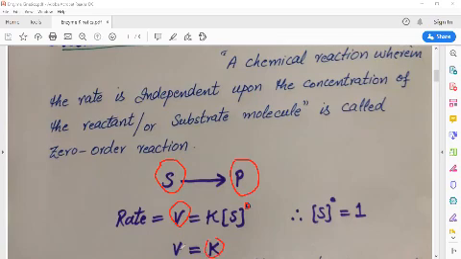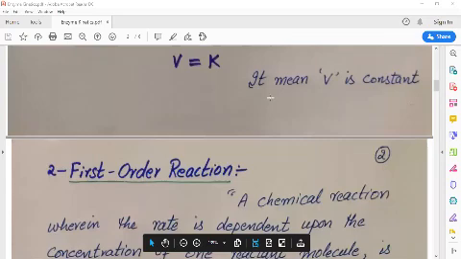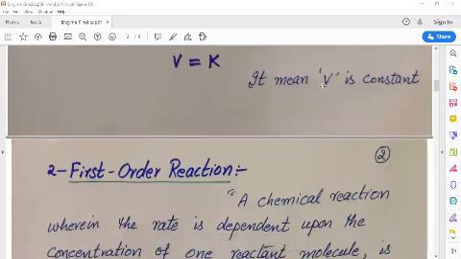It means in zero order reaction, the rate or the initial velocity of the enzymatic reaction is independent of the substrate concentration. The S naught is equal to 1, it means V is equal to K. It means in zero order reaction, the velocity or the rate of reaction is constant.